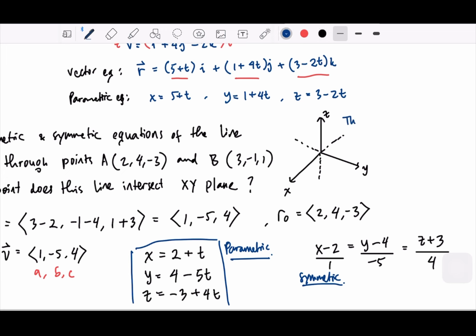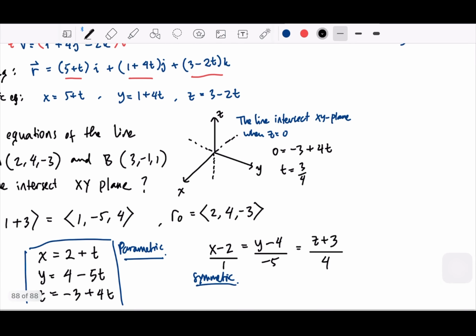So the line intersects the xy plane when z is 0. So we will have t is 3 over 4. Now using this parameter t, we will get x: 2 plus 3 over 4 is 11 over 4.